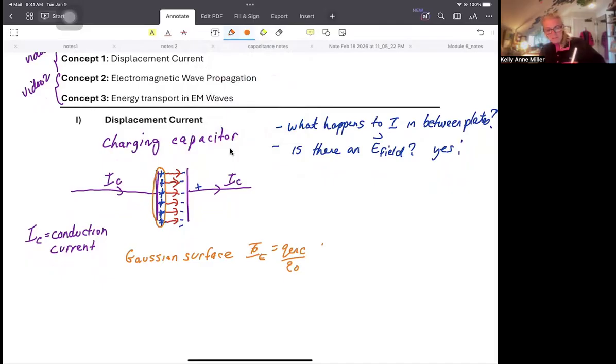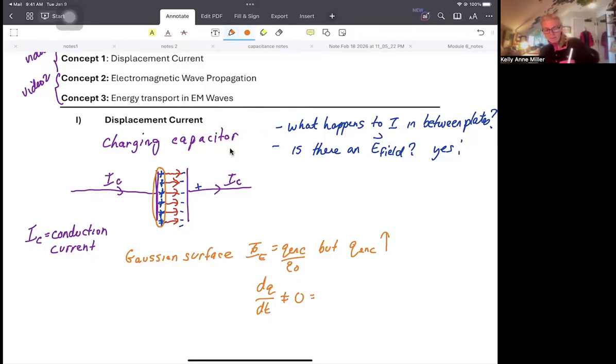But remember that as a capacitor is charging up, the Q enclosed is increasing, as more and more charges accumulate on that plate. So therefore, the change in charge as a function of time is not equal to zero.